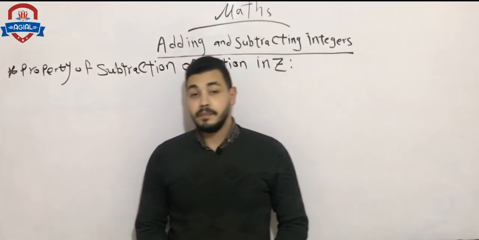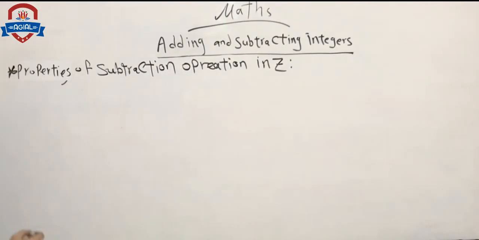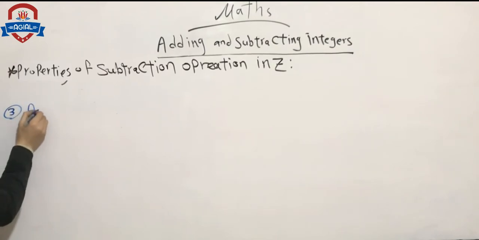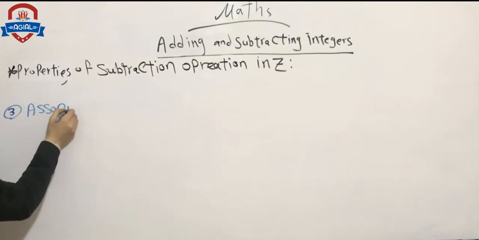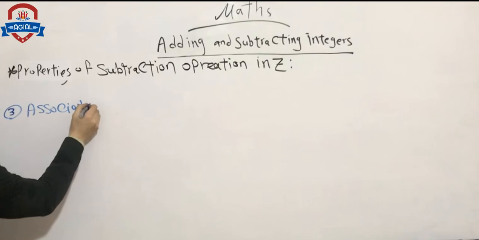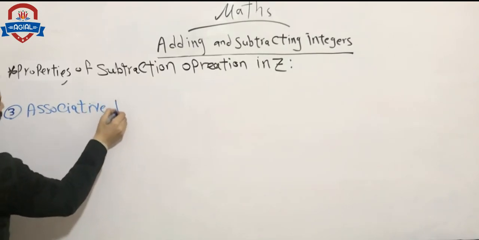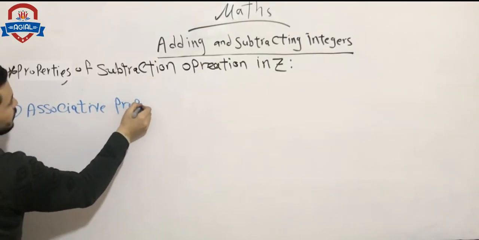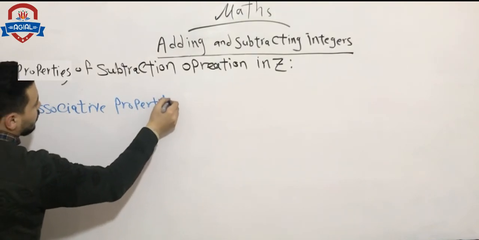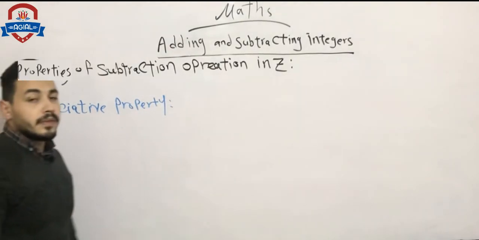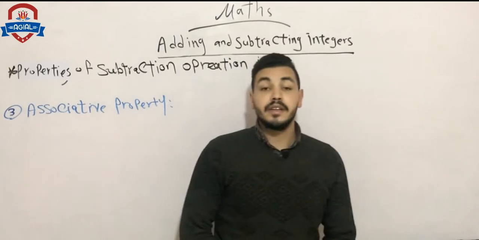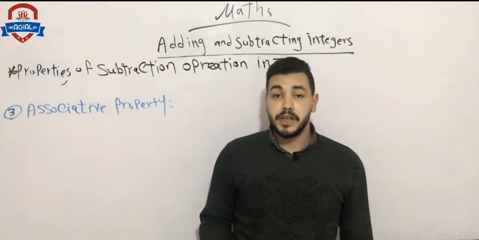Number 3, associative property. The subtraction operation in Z is not associative.